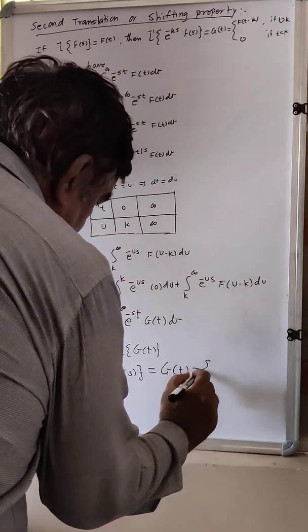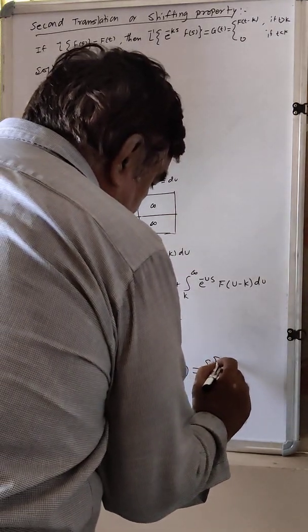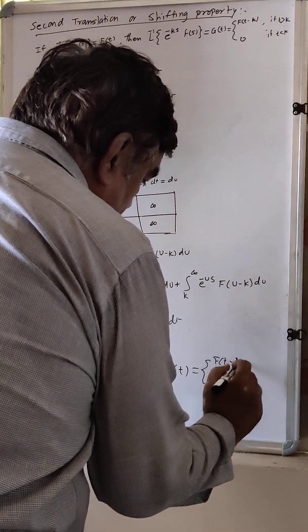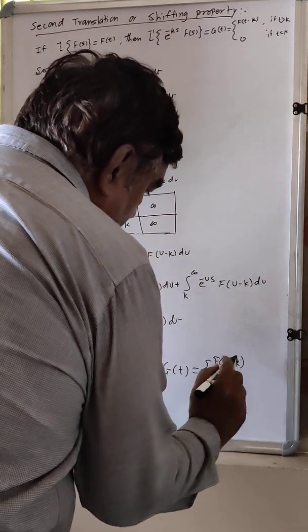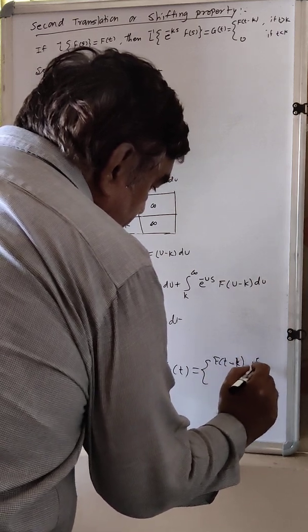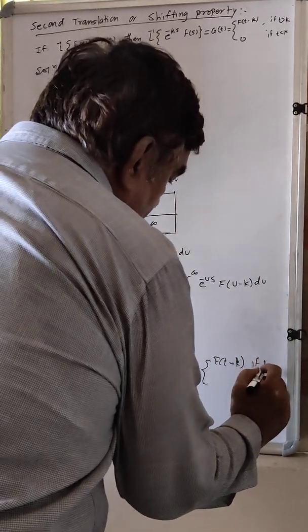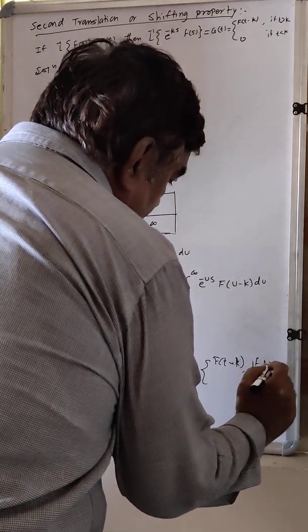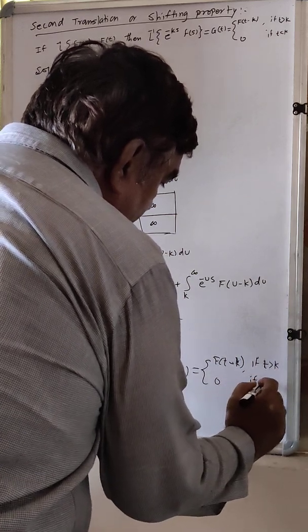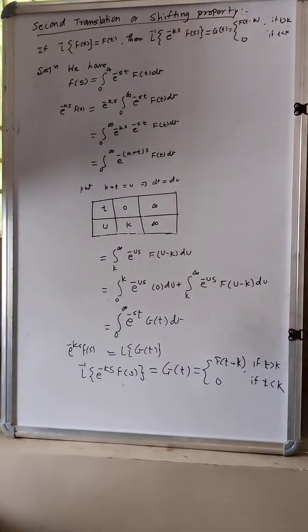What is g(t)? f of (t minus k) if t is greater than k, and 0 if t is less than k. Okay, we stop here.